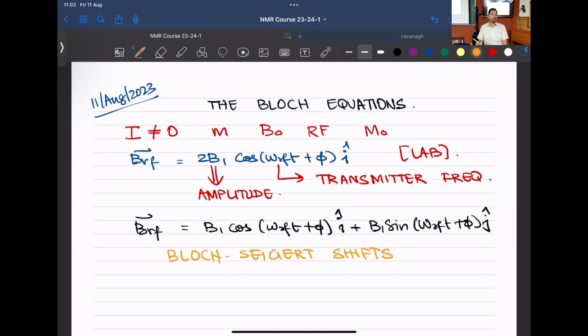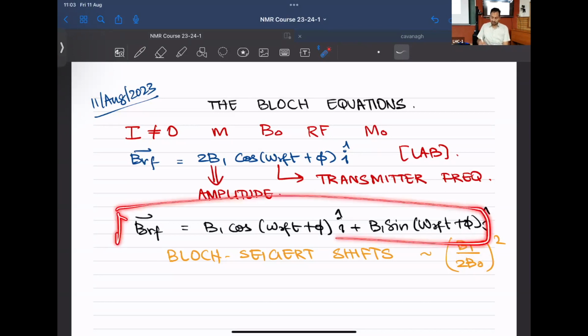It'll be more useful when you're trying to learn NMR and pulses in an advanced fashion, where the effect, if I remember correctly, goes like (B1 by 2B0) the whole squared. So this would only matter for low fields or very high B1s that you end up applying. So for all practical purposes, the counter-rotating part of the RF can be conveniently ignored.